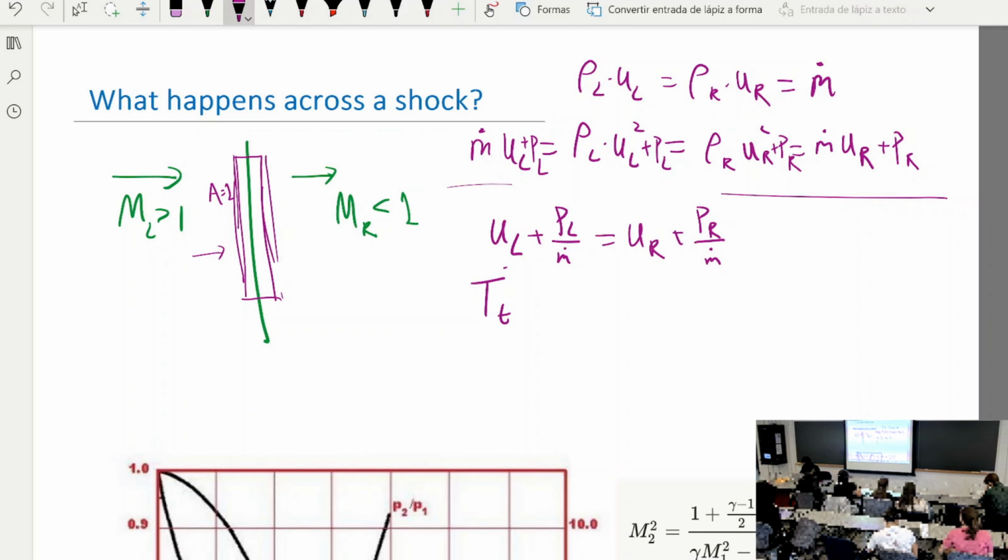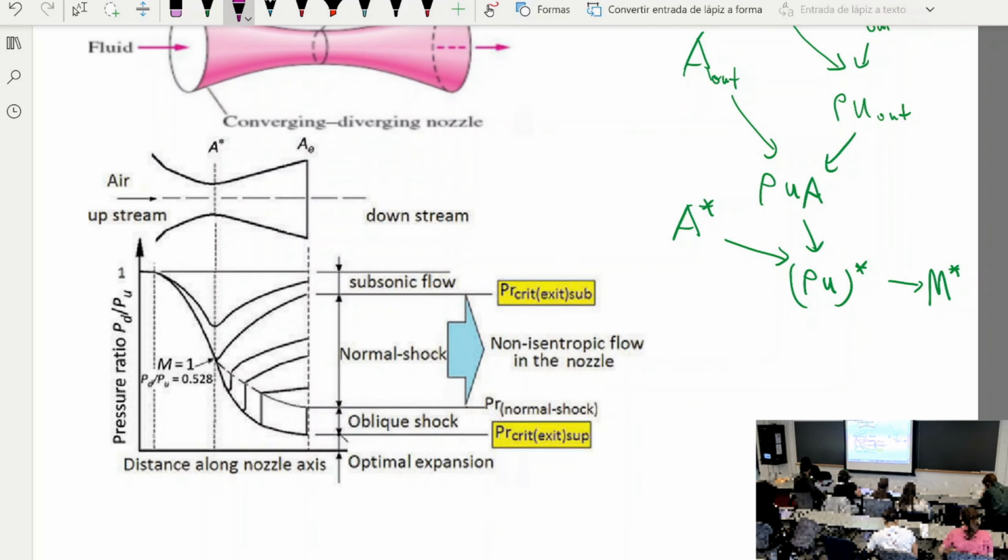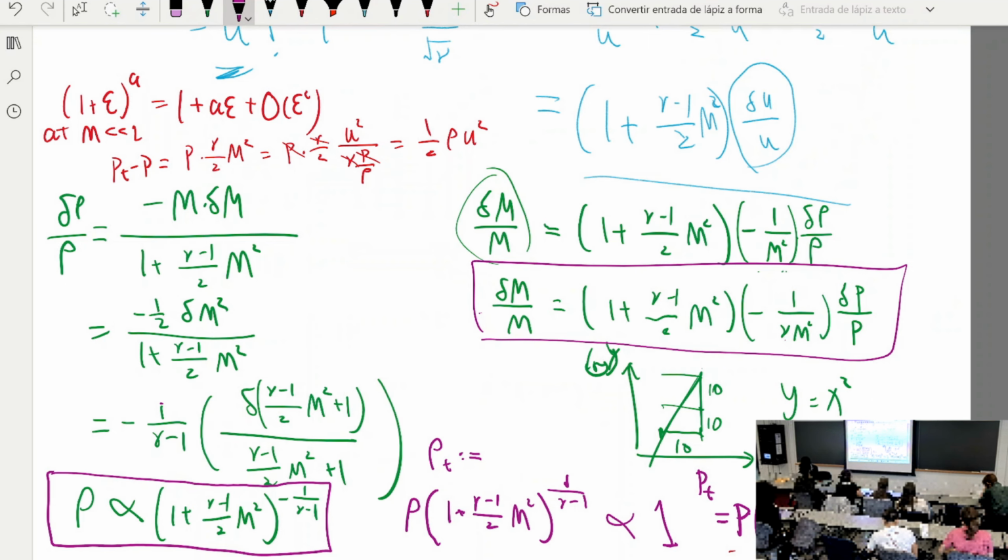I didn't write down the temperature relationship over here, but it can be derived from this and this, right? Pressure is equal to rho RT, so T is equal to P divided by rho divided by R, which is a constant. Through the division, you find the stagnation temperature can be defined as temperature times 1 plus gamma minus 1 over 2 M squared.